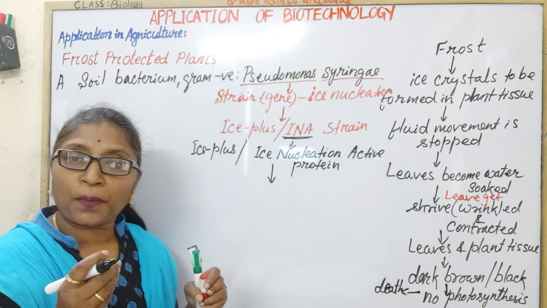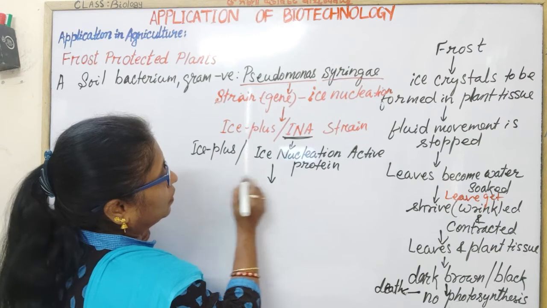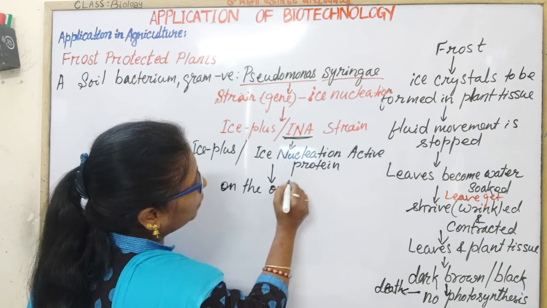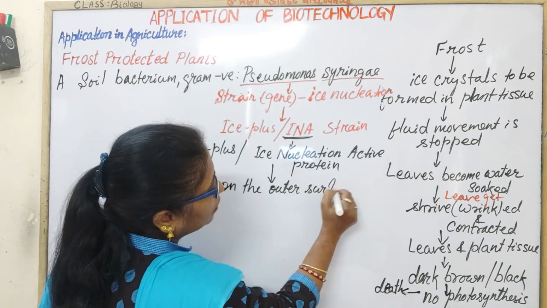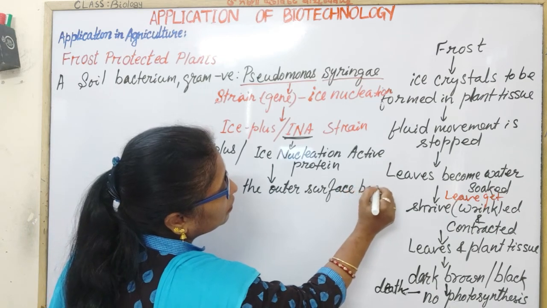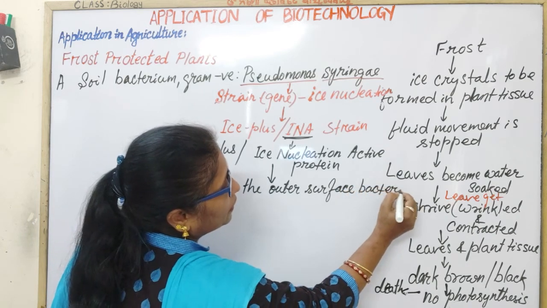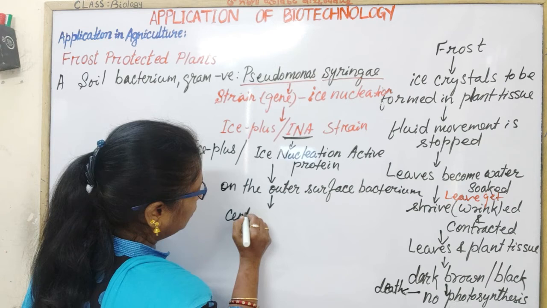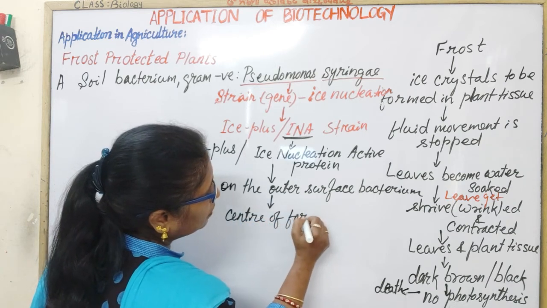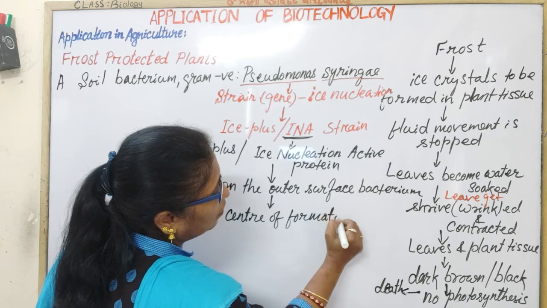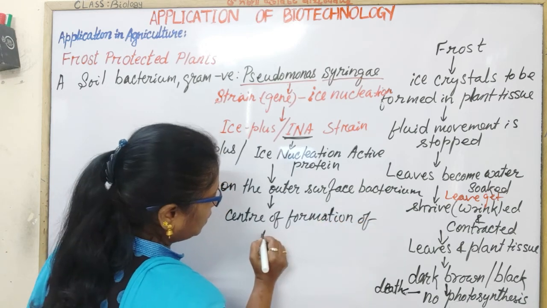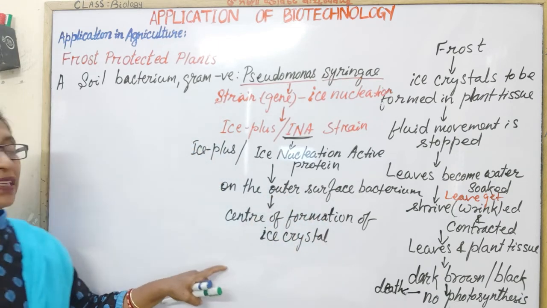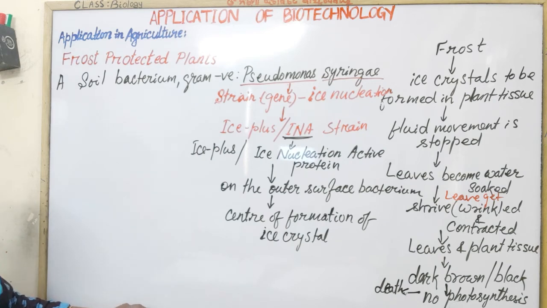That causes the formation of a protein on the cell wall, the INA protein on the outer surface of the bacterium, which becomes the center of formation of ice crystals.